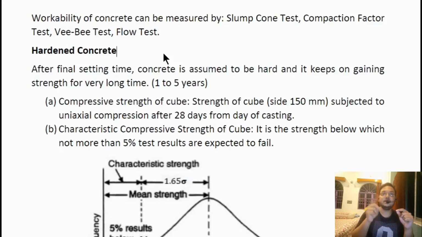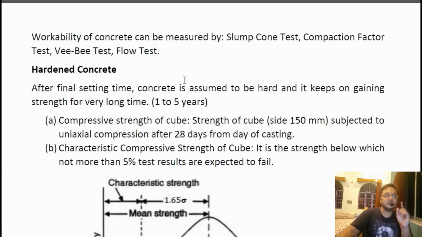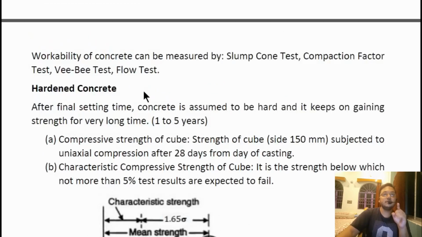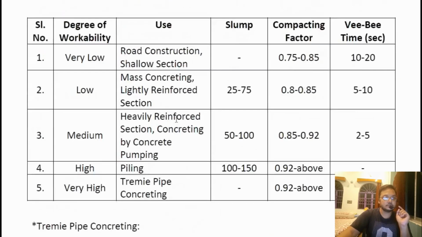Regarding this initial and final setting time of the cement, you can learn about it in the material testing laboratory practicals, or from the building material subject. Till then you can browse the internet for the definitions, and this final setting time is the sole reason which gives us the hardened concrete.